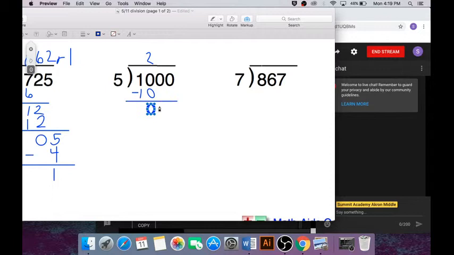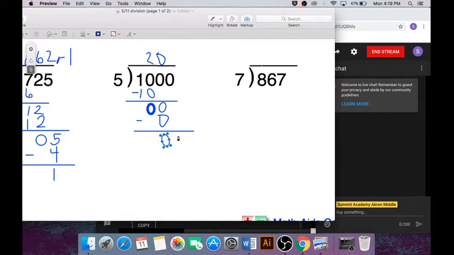And then we have to bring down our other 0. This is one of those other tricky ones where we're back to 0. So 5 times what gets us as close to 0 without going over? 0. 0 times 5 is 0. We're going to subtract. 0 minus 0 is 0.